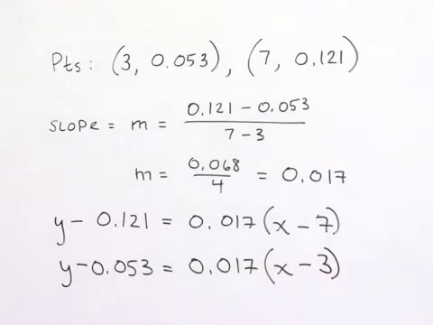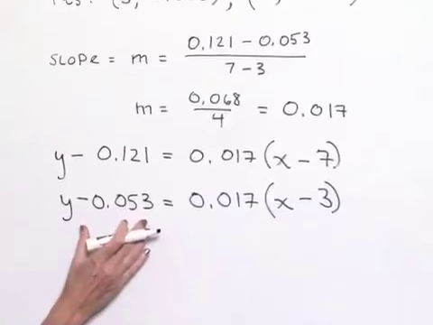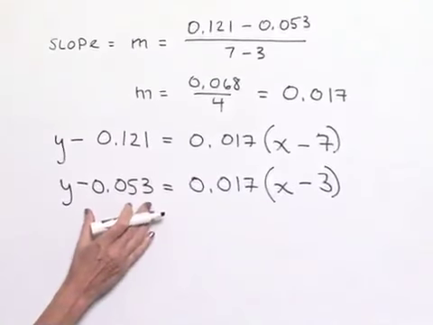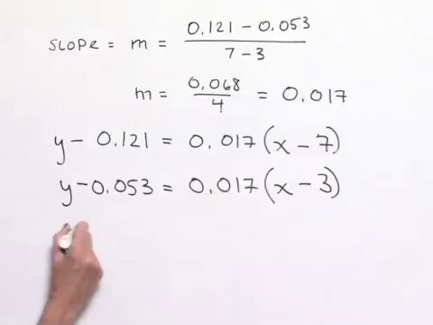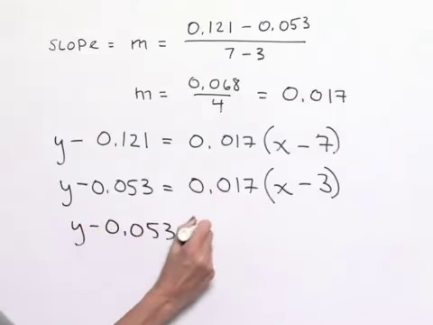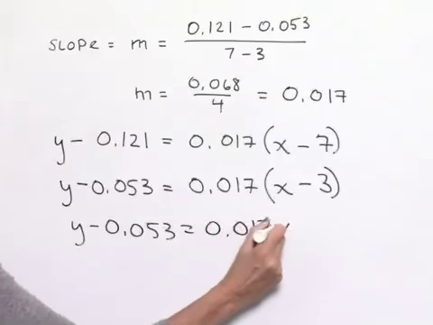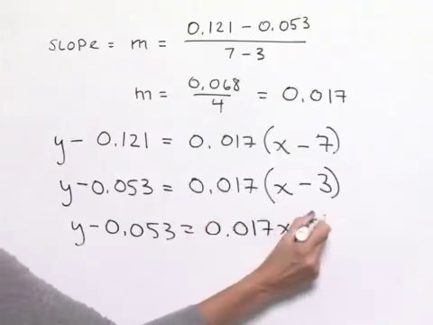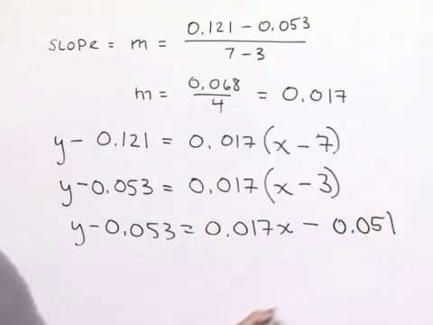Now, in Part B of the problem, we're asked to find the slope-intercept form of the equation. We can take this format and solve for y in order to come up with the slope-intercept form. Let's go ahead and use the last equation I've written. We have, multiplying out, y minus 0.053 equals, using the distributive property, 0.017x minus, multiplying here times 3, we end up with 0.051.